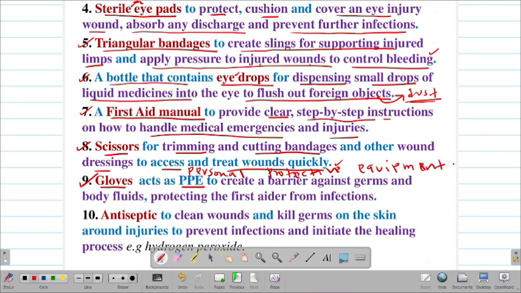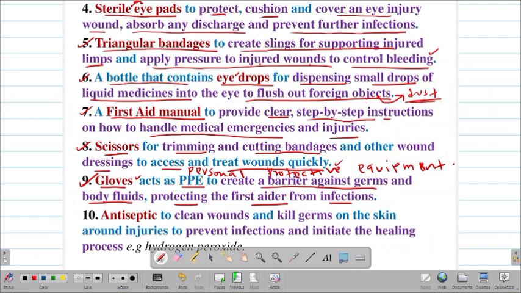So the gloves act as the personal protective equipment to create a barrier against germs and body fluids, that is, protecting the first aider from infections from the wound, from the person who is suffering from that particular wound. So the gloves, we usually wear them on our hands.